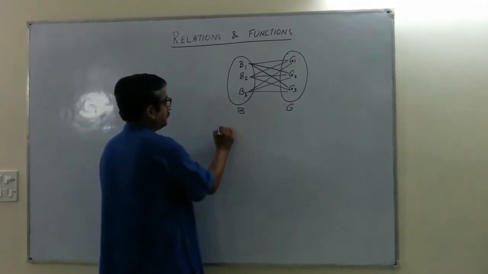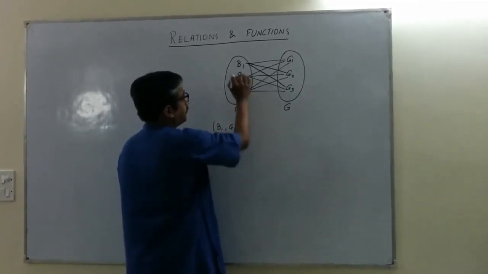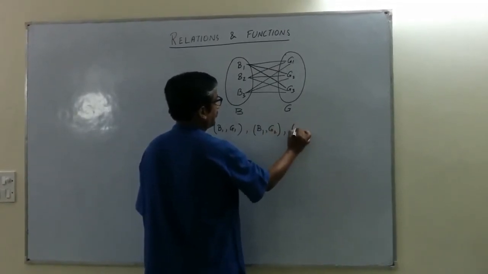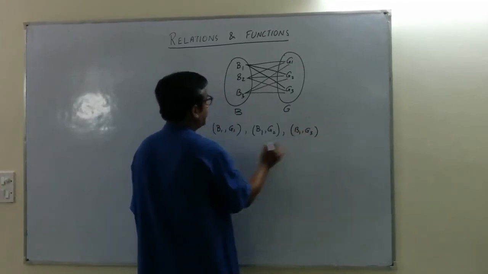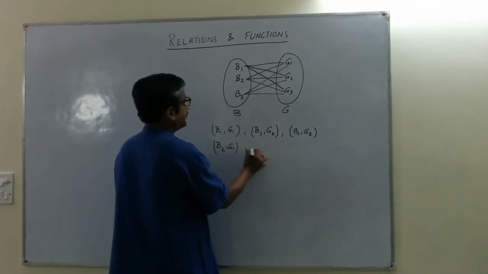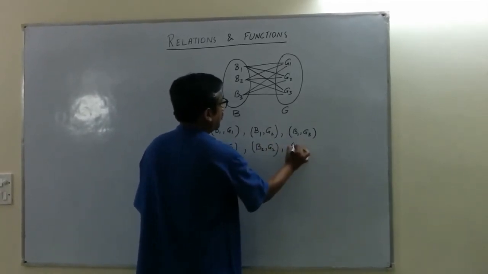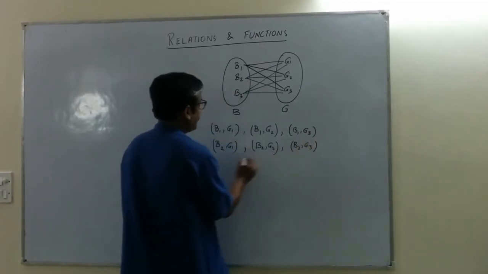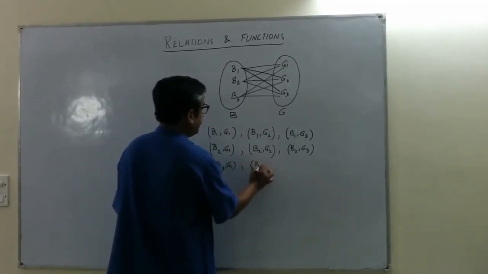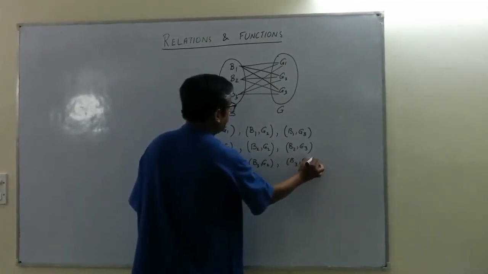So if I write them down, I will have B1, G1, B1, G2, B1, G3, B2, G1, B2, G2, B2, G3, B3, G1, B3, G2, and B3, G3.